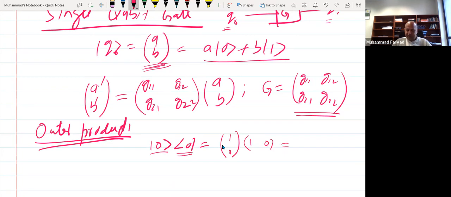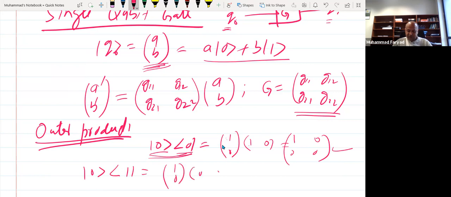So now if I carry out this matrix multiplication, this 1 into 1 is 1, 1 into 0 is 0, 0 into 1 is 0, and 0 into 0 is 0. So it means if I have a matrix like this, I can replace it with something like this. Similarly, if I take an outer product of |0⟩ with ⟨1|, so |0⟩ is (1, 0), and ⟨1| is (0, 1).